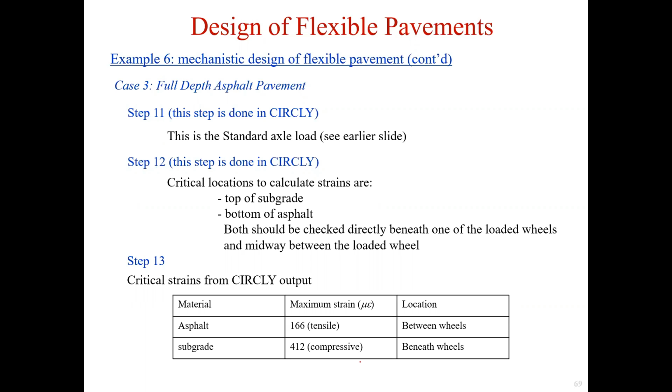Step 12 is to determine two critical locations, the top of subgrade and bottom of asphalt, to calculate strength from CIRCLY software, both for directly beneath one of the loaded axles and midway between the loaded axles. From CIRCLY software, we are able to obtain the maximum strength for asphalt and subgrade in step 13, and the results are shown in the below table.